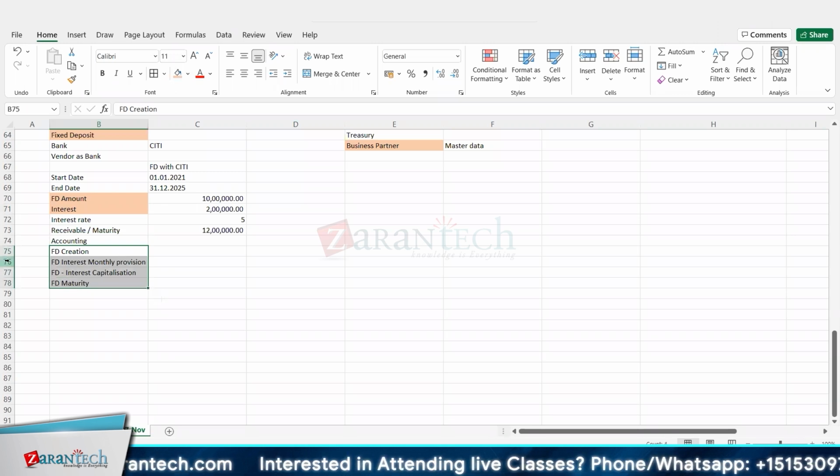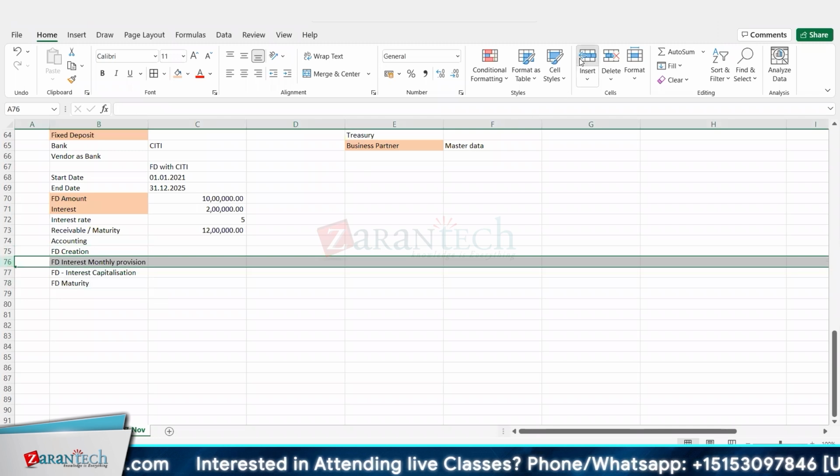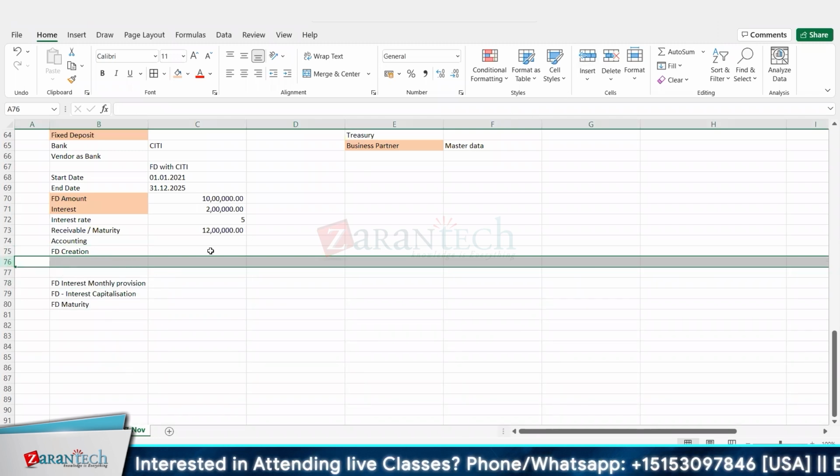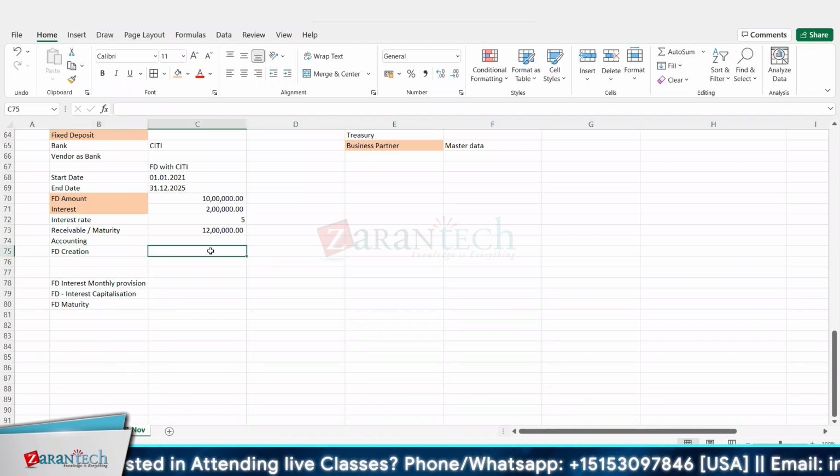So if I talk about the accounting entry, then you understand, when I create the fixed deposit with the bank, we do some accounting entry. So can anyone tell me, when I create the fixed deposit, what accounting entry gets created in the SAP system, or normally what accounting you do?